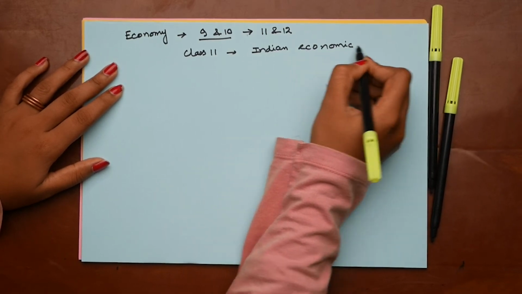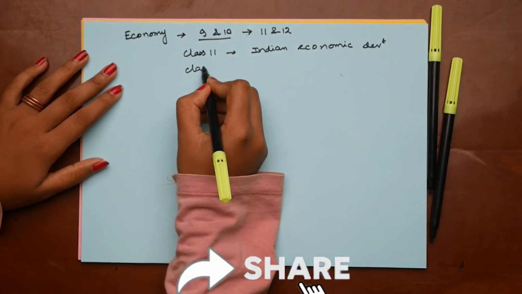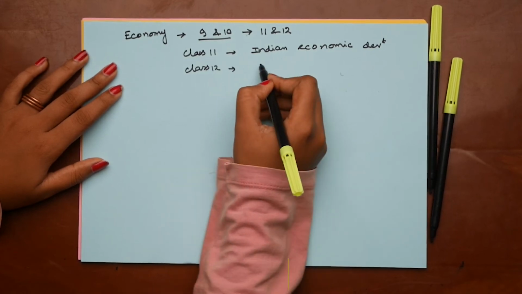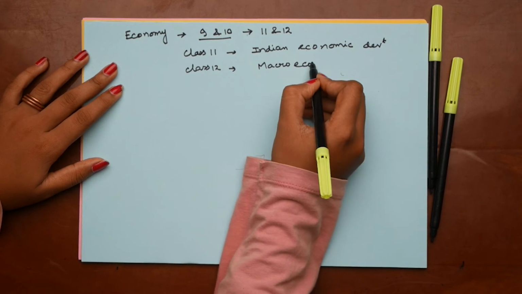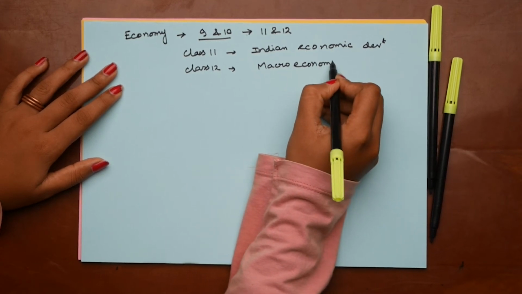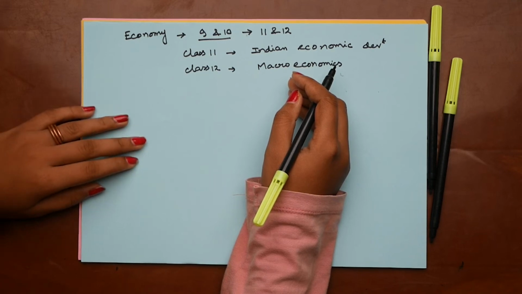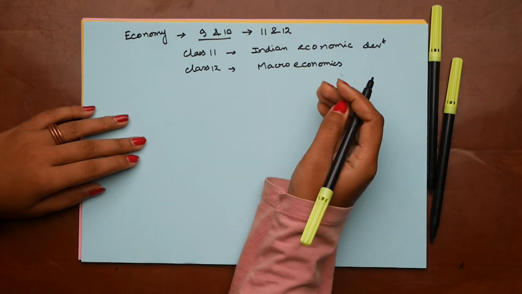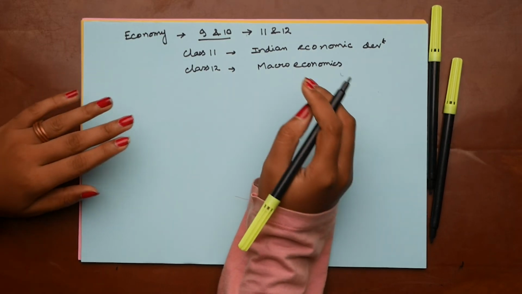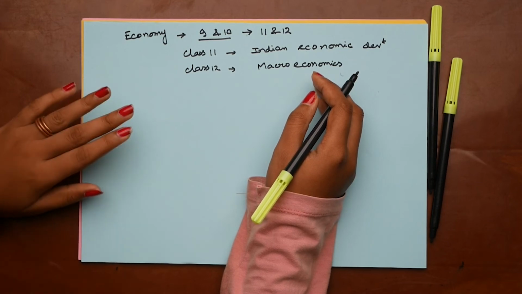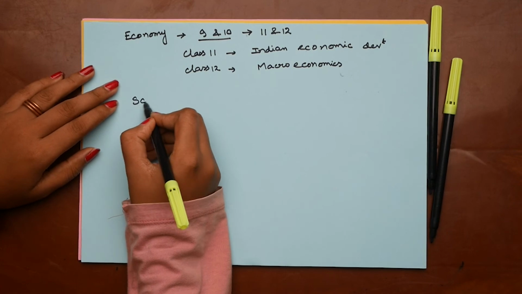And for class 12, Macroeconomics is very important. Many people say microeconomics is also important, but from the UPSC perspective, you do not have to read microeconomics, as UPSC does not need such a deeper analysis.